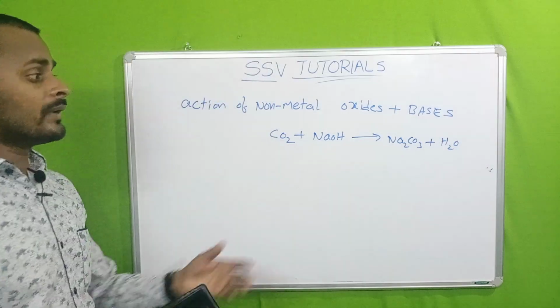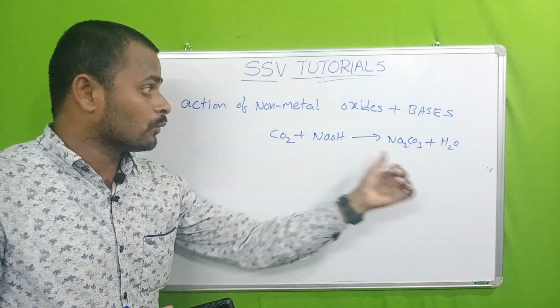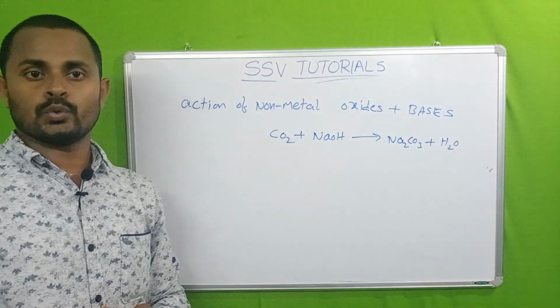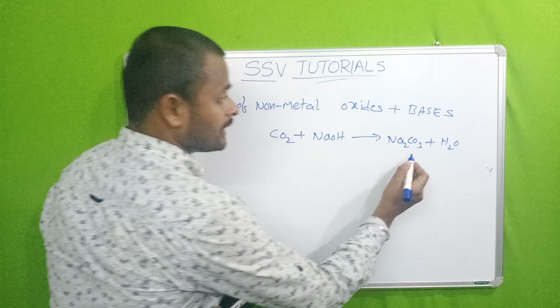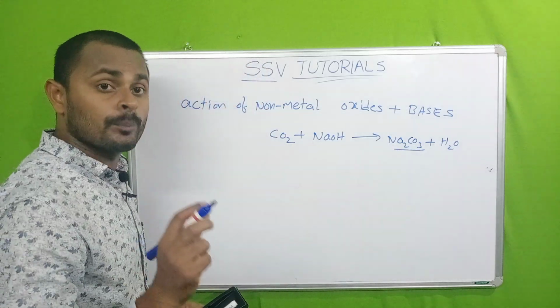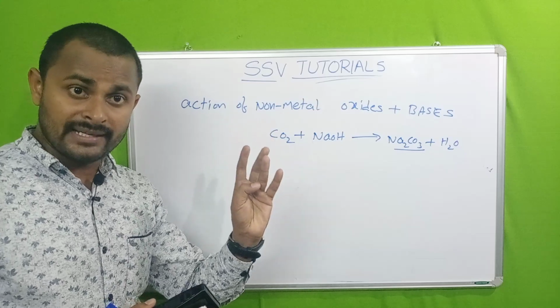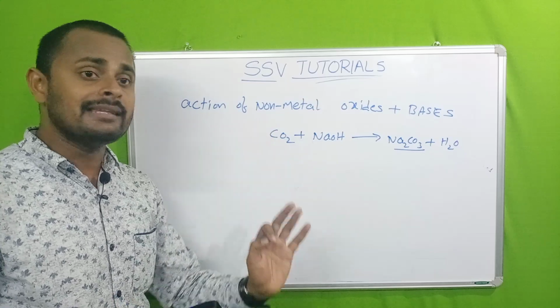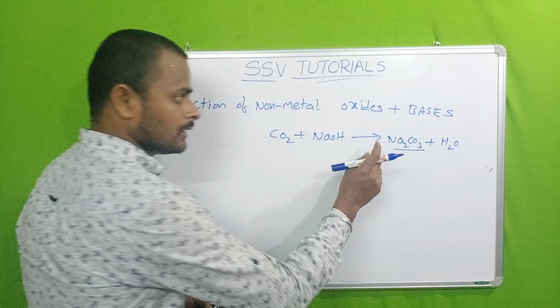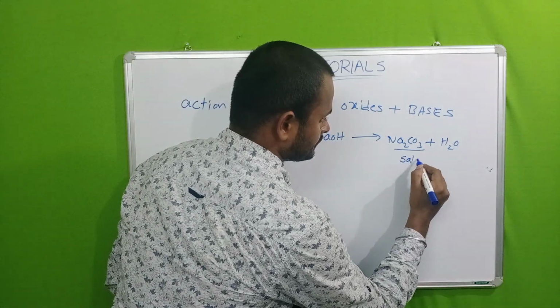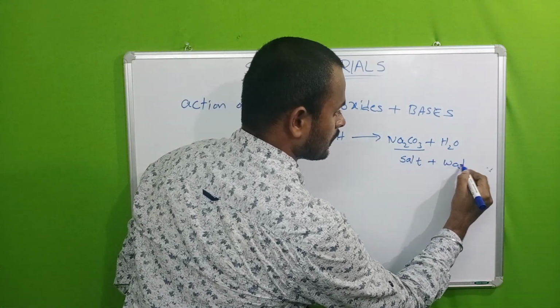By the action we get the products Na2CO3 plus H2O. Here Na2CO3 is sodium carbonate. Just remember that carbonates, sulfates, chlorates, all these are salts. So here carbonate is a salt and this is water.